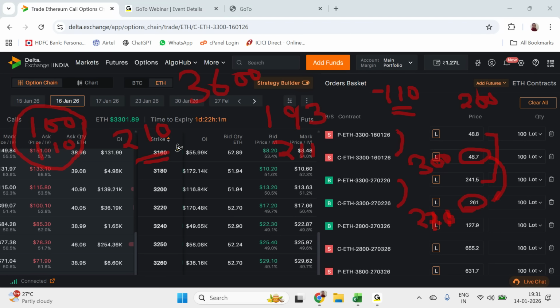Out of this 210 points of losses, almost 70%, 140, 150 or 160 points will be compensated from the 3800 put as well as 2800 put. But similar damage will be there on the call side. So you have 2800 call sell with 3800 call buy, so that call side also will have some damage.